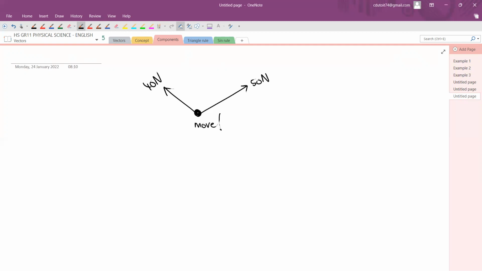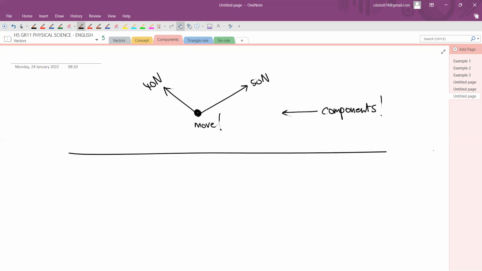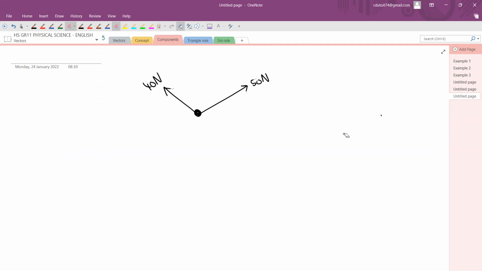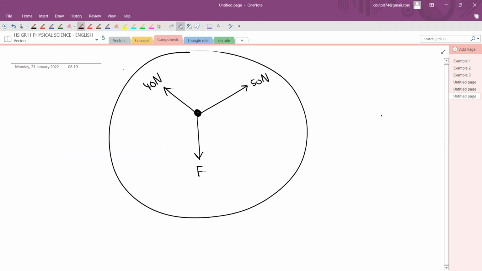Okay, so the method we're going to do is components. But there are also forces that are in equilibrium. In other words, if I add another force, say for instance in this direction, at a specific angle and a specific value, then these 3 forces can all balance one another.